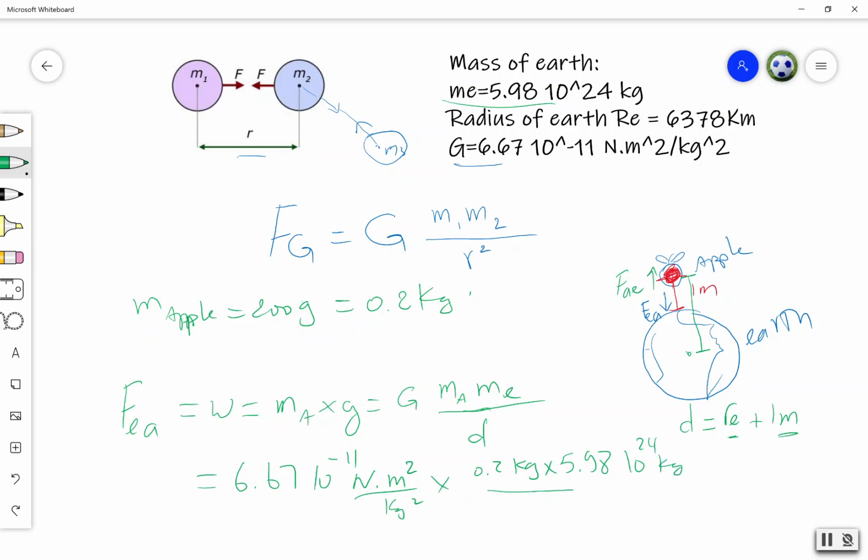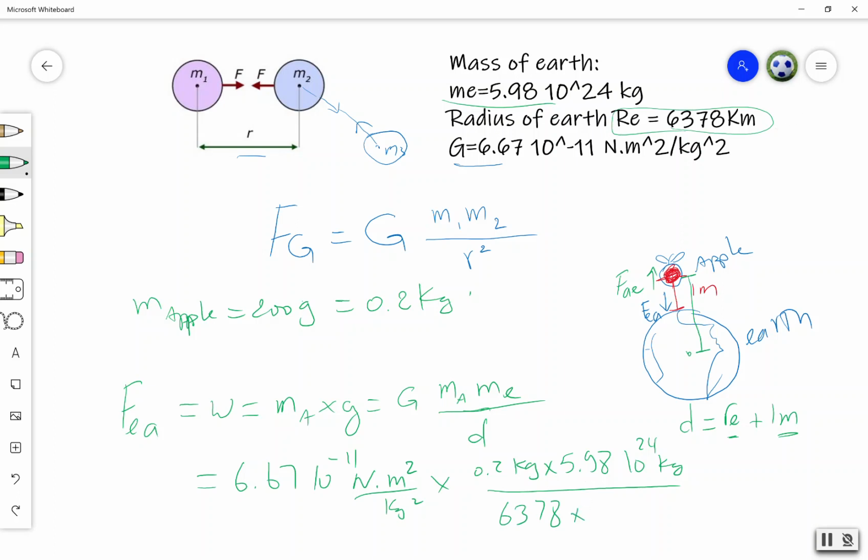And this is divided by the distance between them. Basically, the distance between them is the radius. This is the equatorial radius, 6378 kilometers. I'm going to put it in meters here.